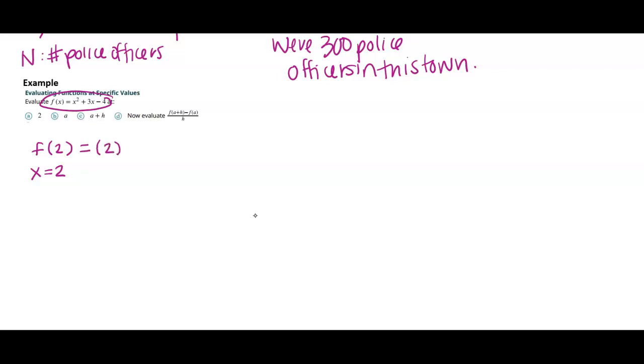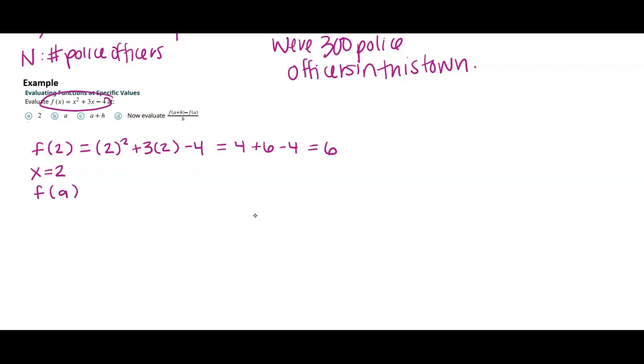So that's going to be 2 squared plus 3 times 2 minus 4. That gives me 4 plus 6 minus 4, which gives me an output of 6.